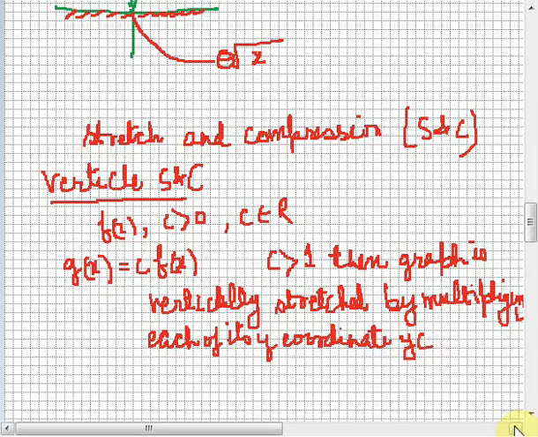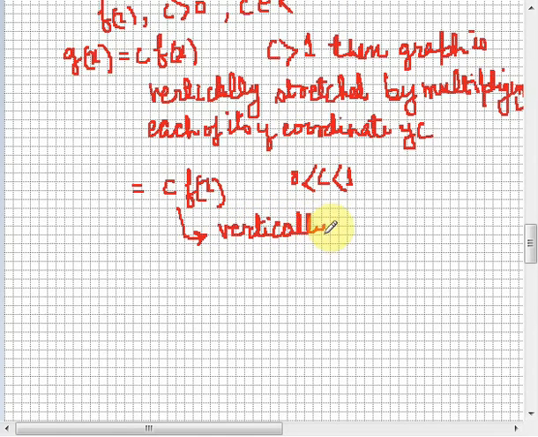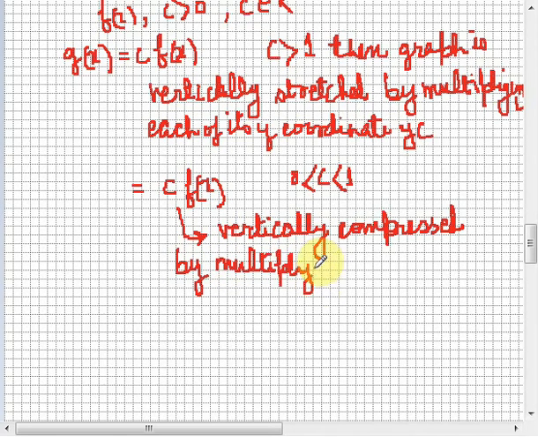I will explain, don't worry. And if c is between 0 and 1, then the graph of c f(x) will be vertically shrunk or vertically compressed by multiplying each of its y coordinates by c.